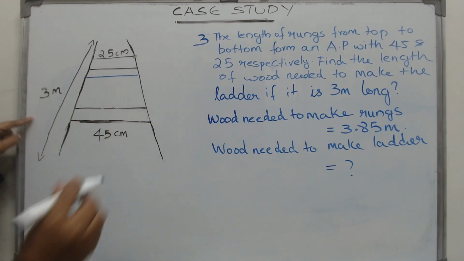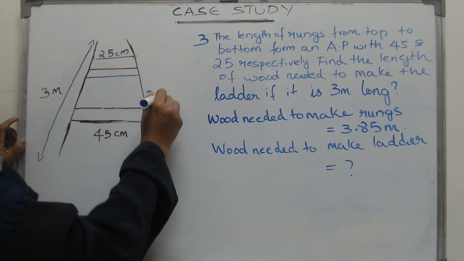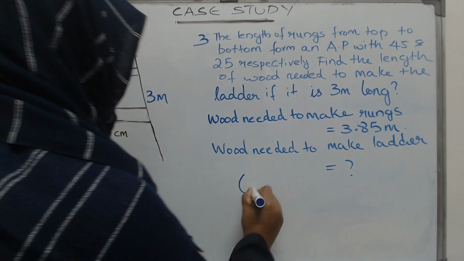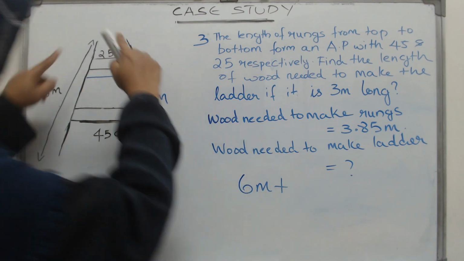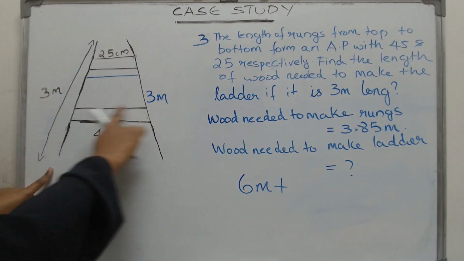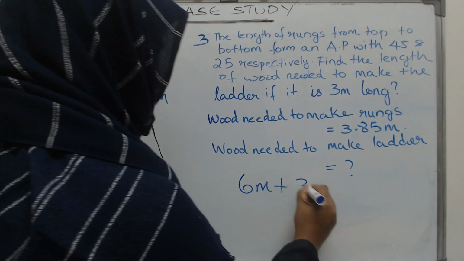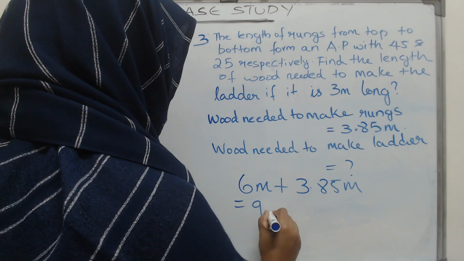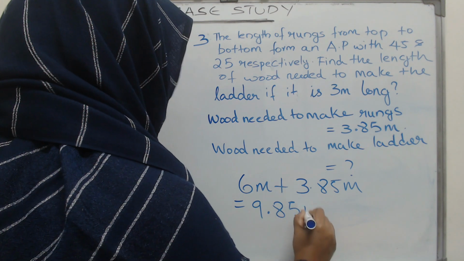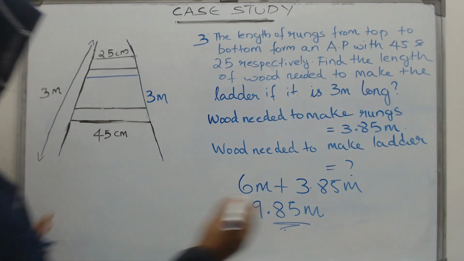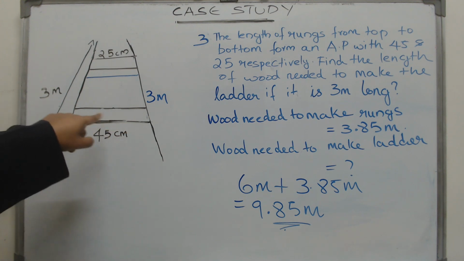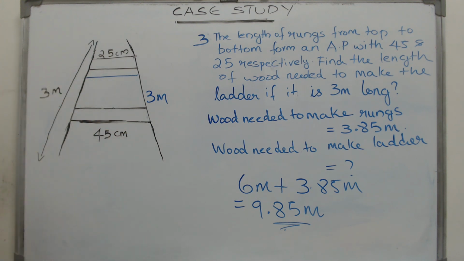A 3 meter here, a 3 meter here. Together just the body needs 6 meters. Add the steps to it. It is 3.85 meters, which means totally we need 9.85 meters of wood to build the whole ladder together with the steps and the main body.